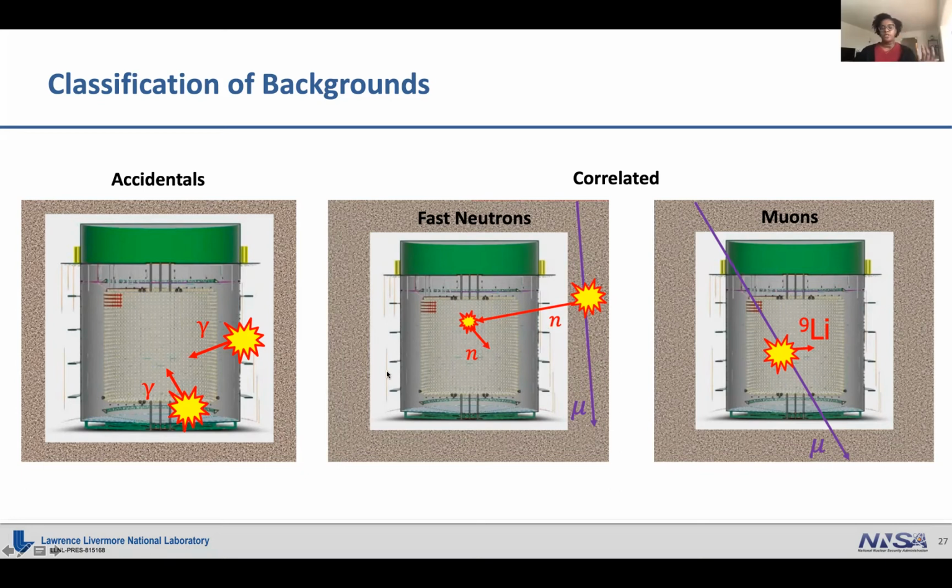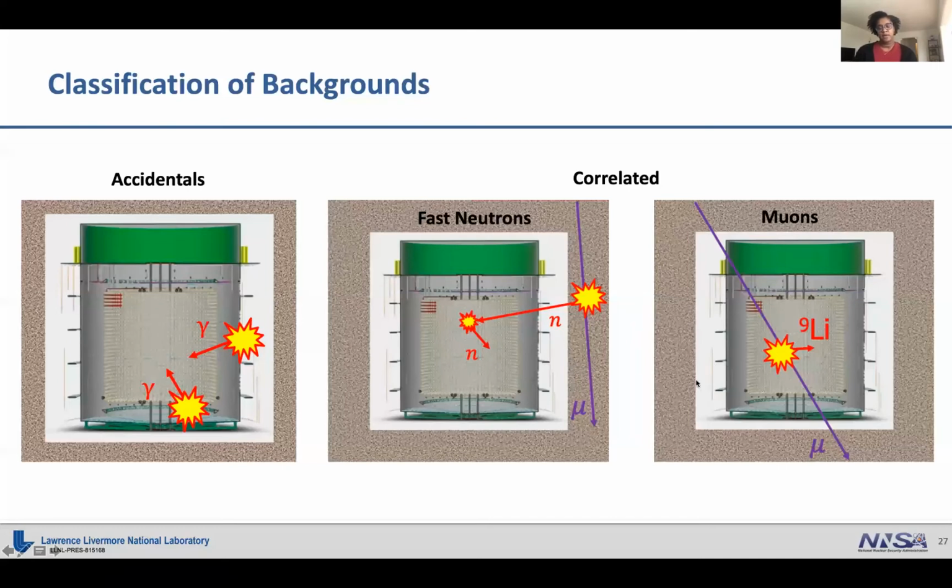And if both of those neutrons are detected in close time coincidence, that might look like an event. Or you could have a high energy neutron that goes through your detector, knocks off a neutron, and then both of them get captured. That might look like an inverse beta decay event. And so we just have to classify and understand the fast neutron backgrounds as well.